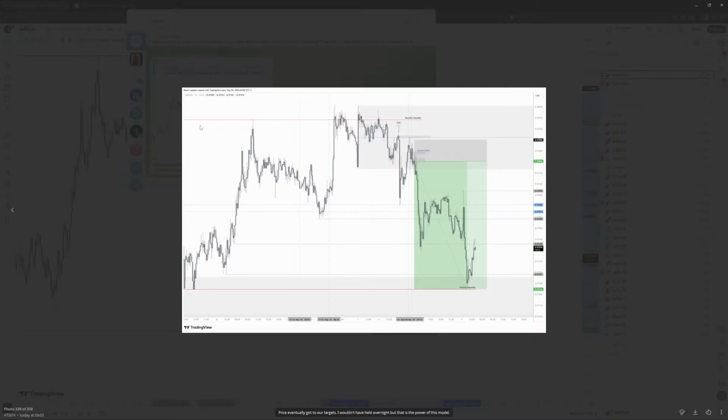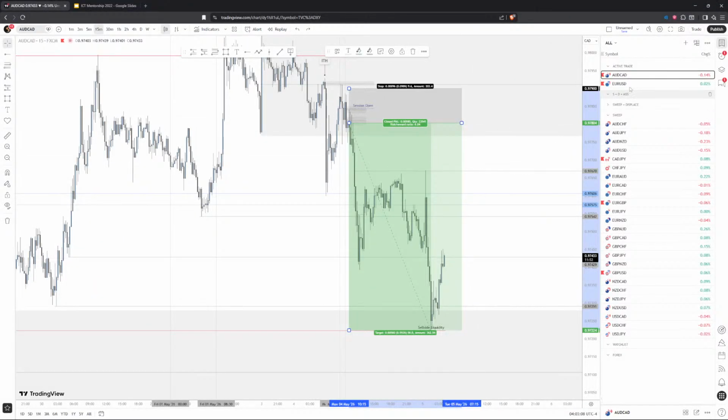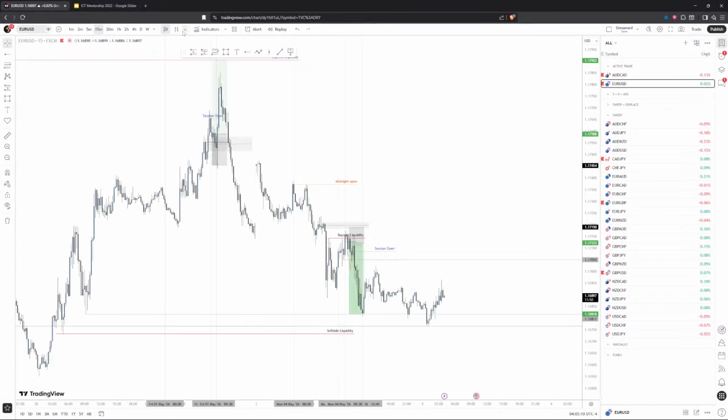There you go, to the T. Okay, so those are two trades we took yesterday.